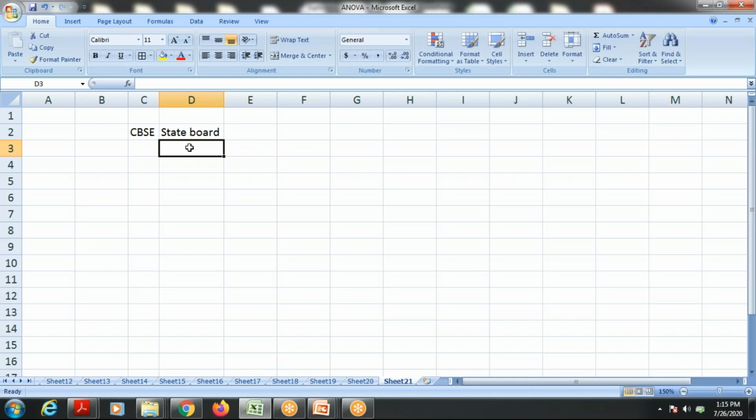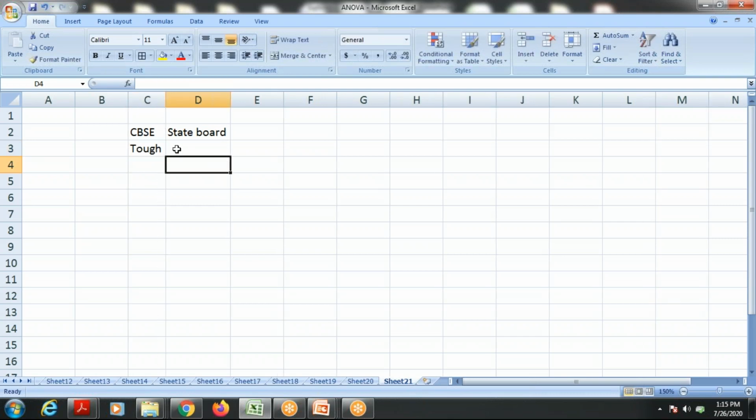CBSE is getting a tough score. Yeah, and state board is easy. Because I have been in state board only, I thought CBSE is tough. In state board we can easily get a better score, correct?